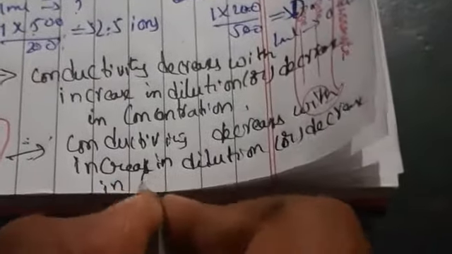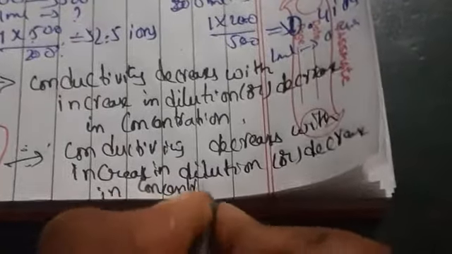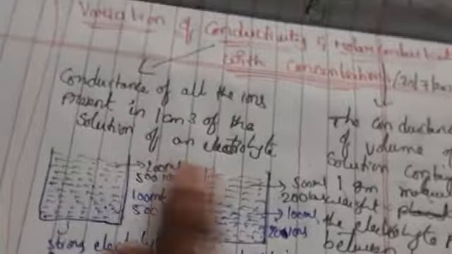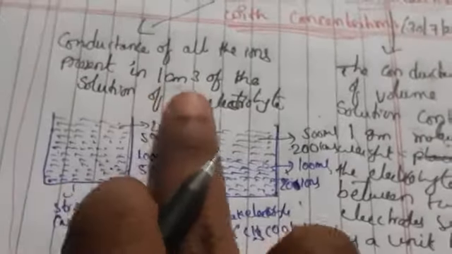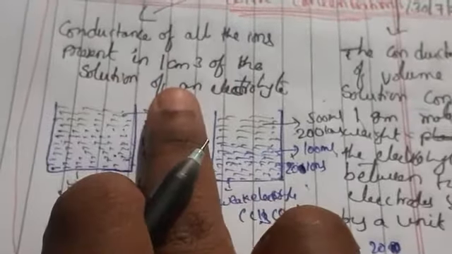This is only about conductivity that we are speaking here. Okay, so in conductivity, what happens? Conductivity means the conductance of all the ions present in 1 centimeter cube of the solution of an electrolyte.